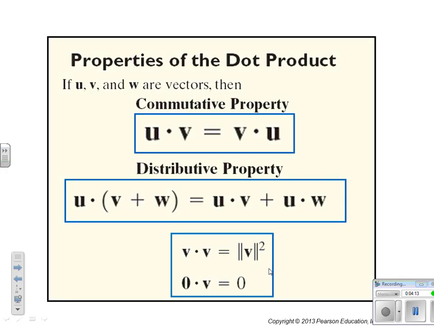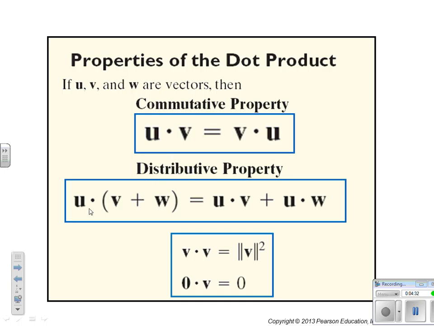All right, so what we saw is that if u, v, and w are vectors, the commutative property says it doesn't matter if I find the dot product of u and v, it's the same as the dot product of v and u.